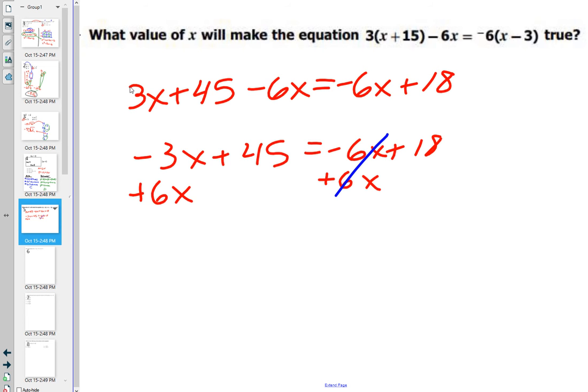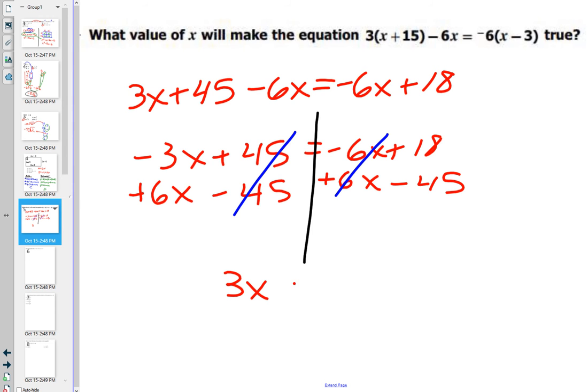So on the left side of the equal sign, what term does not have an x? All right, so I'm going to go minus 45. So, no, positive 3x is equal to negative 27, divided by 3.